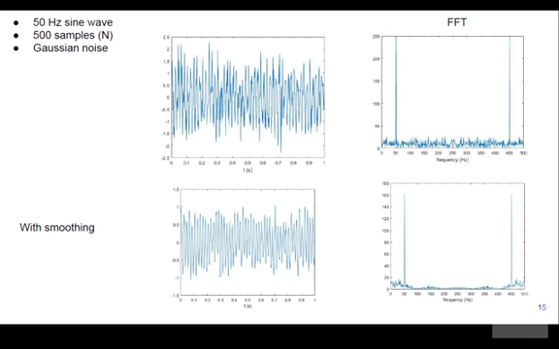The amplitude of these peaks can also give us information on the contribution of that frequency. In this case it's quite clear, and we can see the contribution of the noise at all the other frequencies as well.